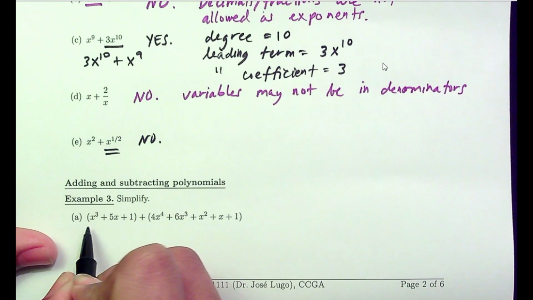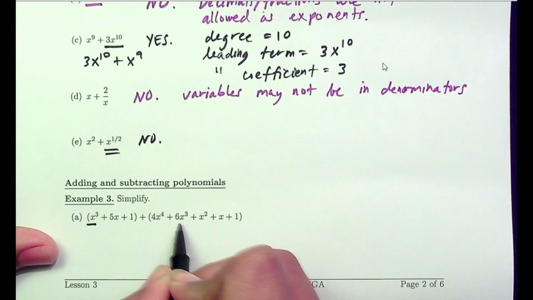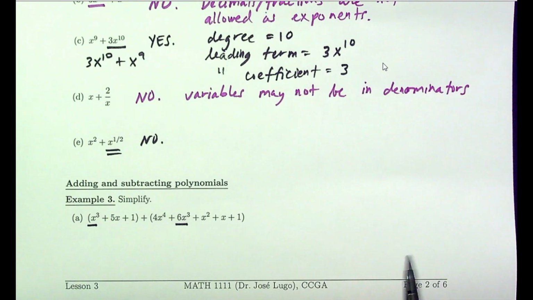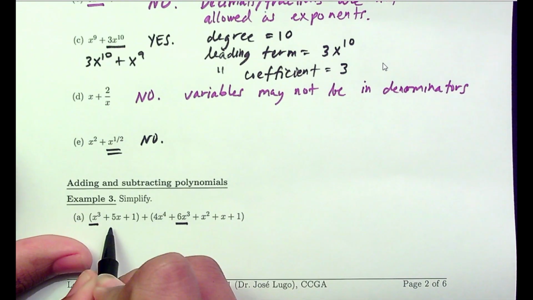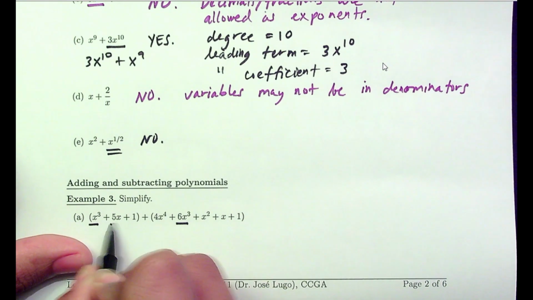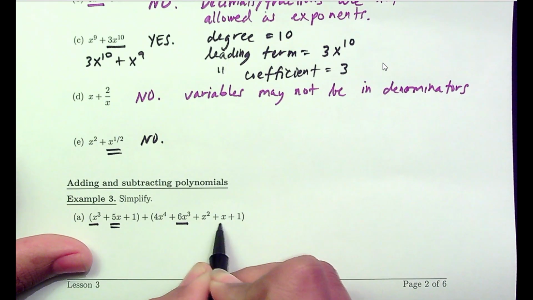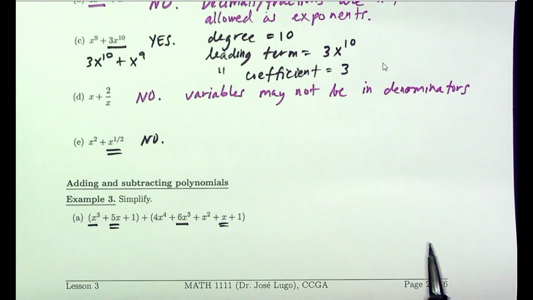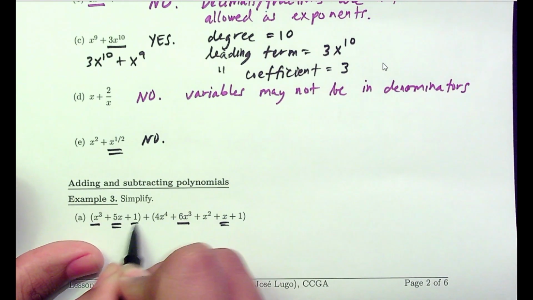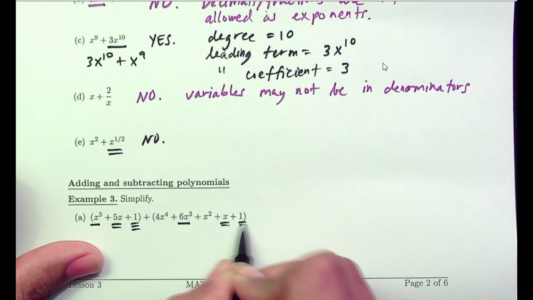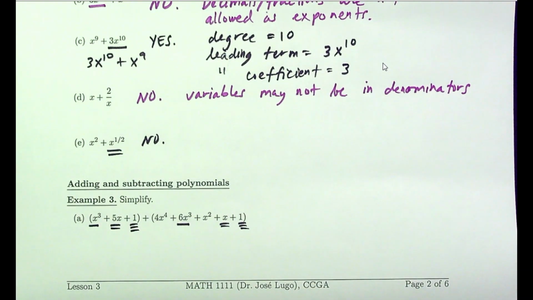So x cubed and 6x cubed are like terms. Then, because the exponent is the same, 5x and this x right here are like terms. And then the constants are like terms.